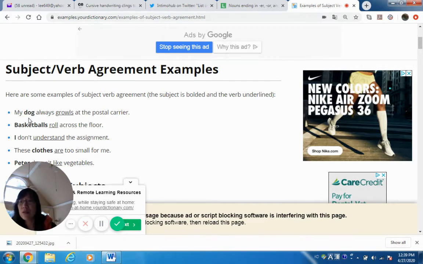It's a singular subject. And if you're going to use the present tense form, you have to make it into third person singular. The subject and the verb have to match. They have to agree. And always you have to add S or ES for third person singular.